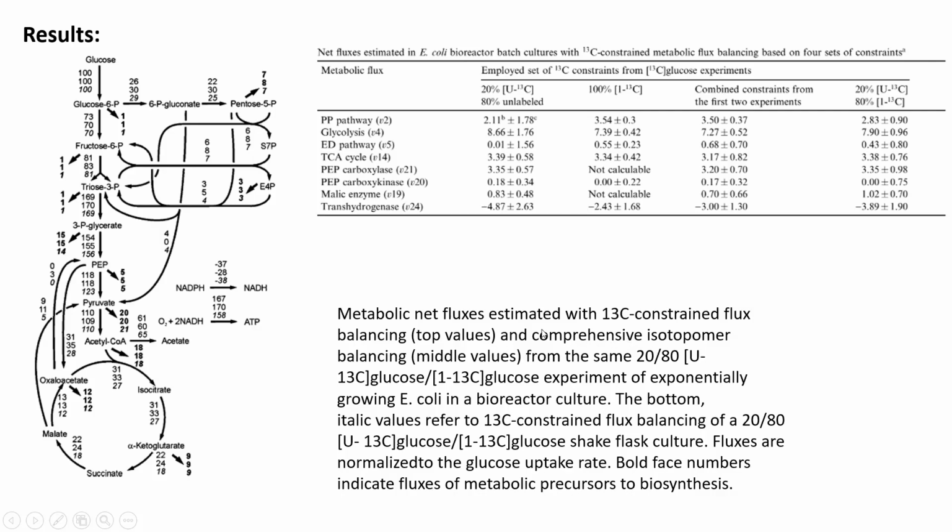Metabolic net flux is estimated with 13C constraint flux balancing values and comprehensive isotope balancing from the same 20-80 experiment of exponentially growing E. coli in a bioreactor culture. Bold face numbers indicate fluxes of metabolic precursors to biosynthesis. So see this alpha ketoglutarate, acetyl CoA, pyruvate, PEP, fructose 6 phosphate, triose 3 phosphate, even the pentose 5 phosphate.